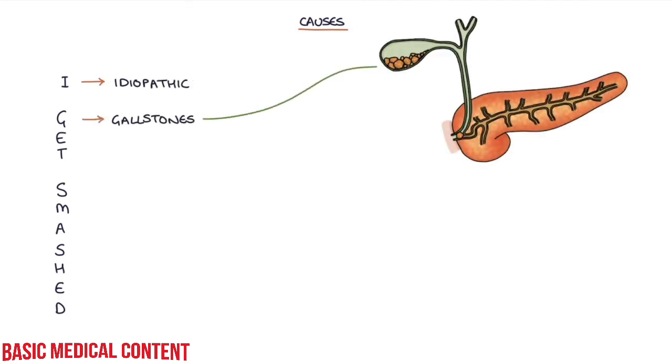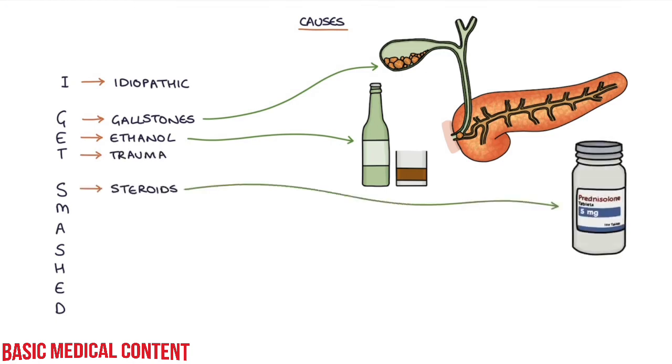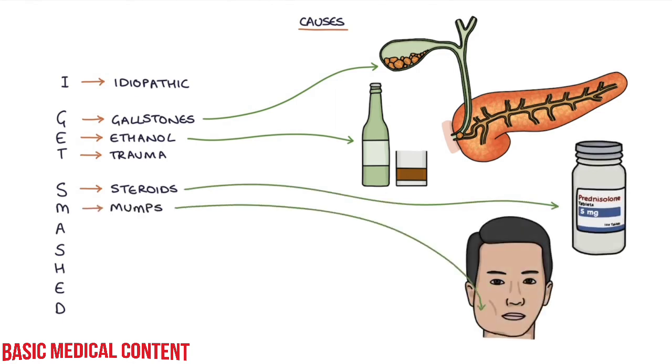There's a popular mnemonic that goes, "I get smashed," for remembering a long list of causes of pancreatitis. I refers to idiopathic, G refers to gallstones, E refers to ethanol or alcohol consumption, T refers to trauma, S refers to steroids, M refers to mumps infection, A refers to autoimmune, S refers to scorpion sting, and this is one that everybody remembers but is never relevant.